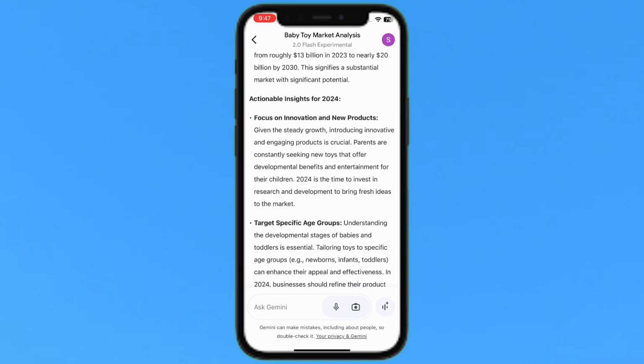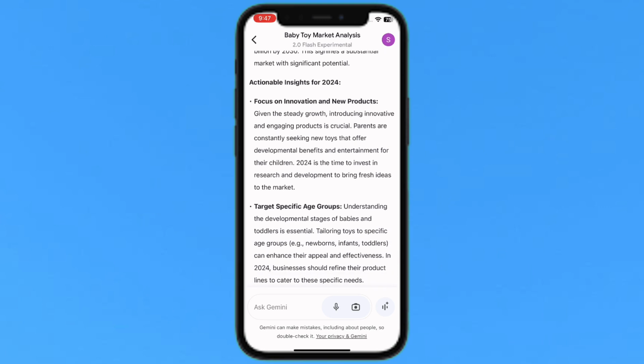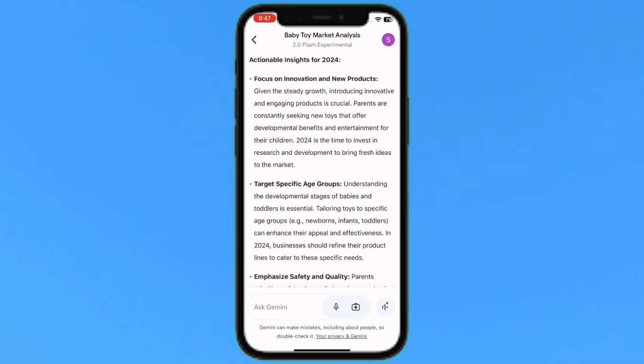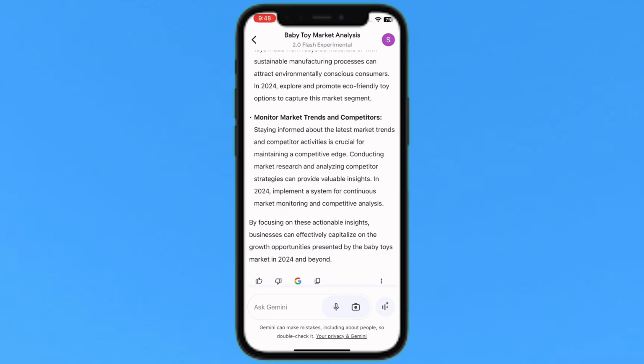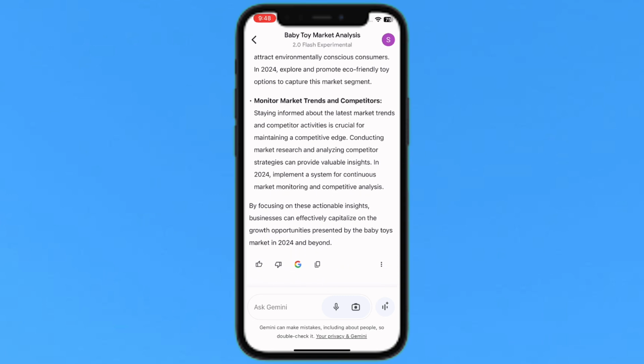So the actionable insight for 2024 is to focus on innovation and new products. So here you will see it tells you that staying informed about the latest market trends and competitor activities is critical for maintaining a competitive edge, and conducting market research and analyzing competitor strategies can provide valuable insights.